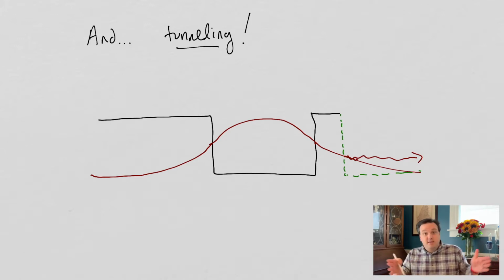Because the solution to the eigenvalue equation there is a decaying exponential. It doesn't end where the barrier ends classically. And so if it leaks a little bit out, it can leak a little bit across a wall, and that allows a little bit to propagate then as a free particle on the other side.